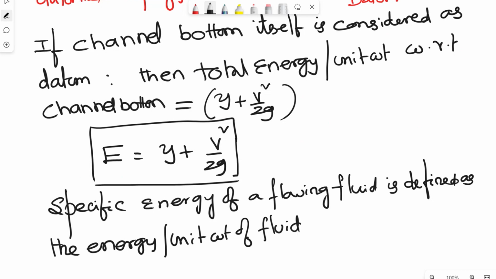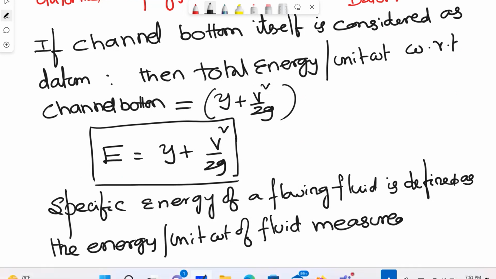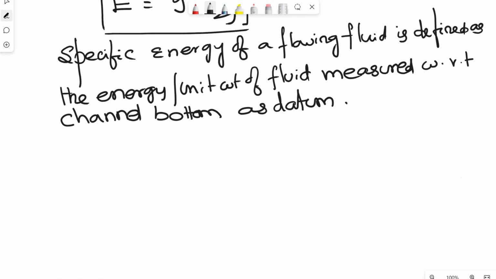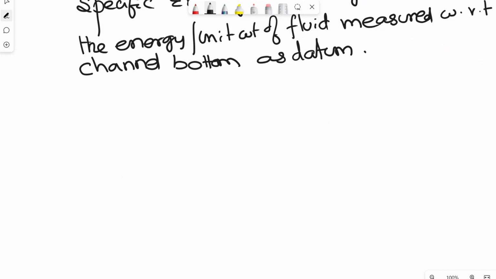Here, fluid is nothing but water. Please remember, the channel bottom itself is taken as the datum.